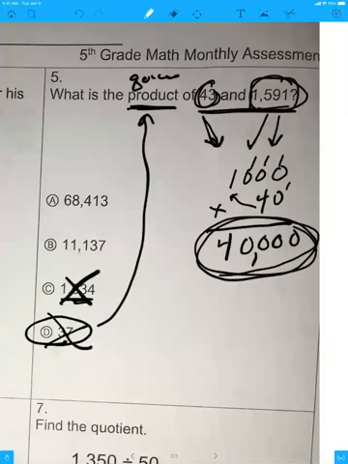Now, if one of these choices was 58,000, do you have to do the math then? Yes. But the way this one worked out, if just in your head you went 1,000 times 40 is 40,000, the answer has to be way more than 40,000. You would be done with this in 10 seconds. It's really just 4 times 1 adding in the zeros, right? Because you guys all know the zero trick.